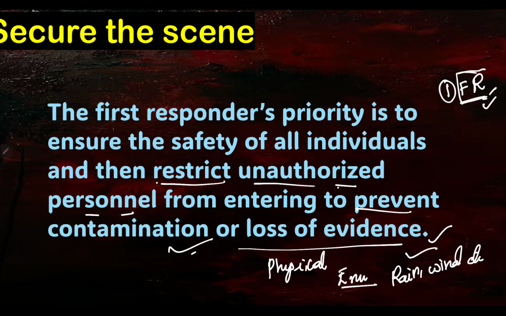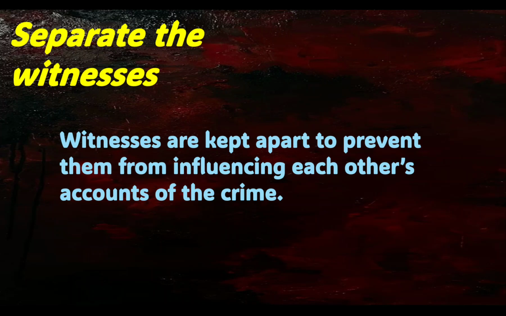Then the second step is to separate the witnesses. Separating the witnesses means they are kept apart to prevent them from influencing each other's accounts of the crime, to get accurate statements.